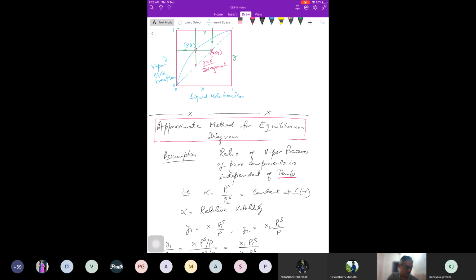Okay. So this is called, alpha is called relative volatility. कभी सुना है नाम relative volatility? Have you heard of this thing? Yes, no, don't know. No response. सुना है कभी? Yes. Relative volatility. Sir.